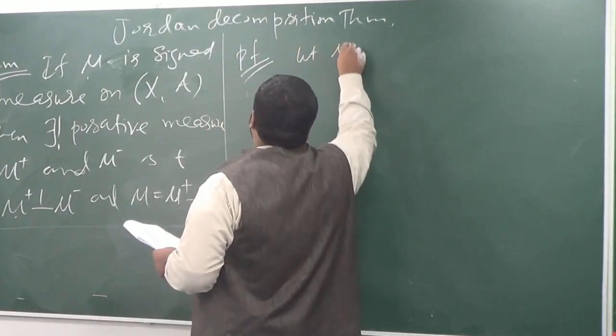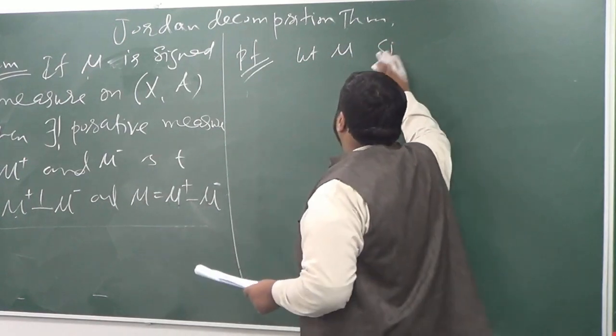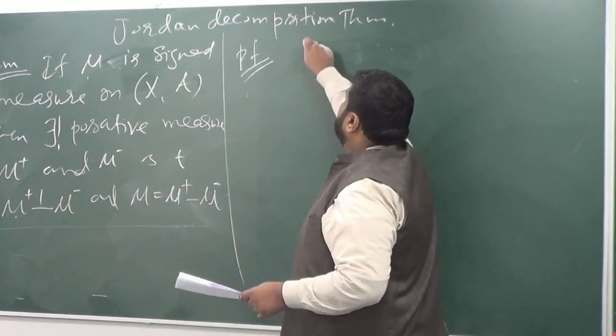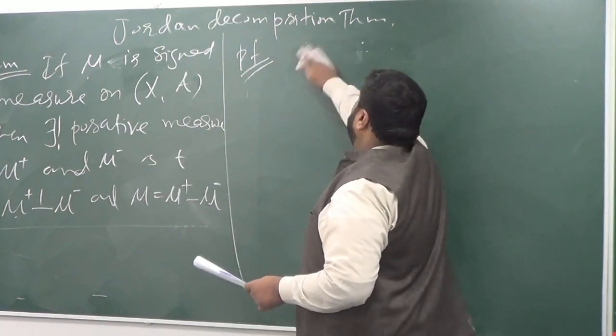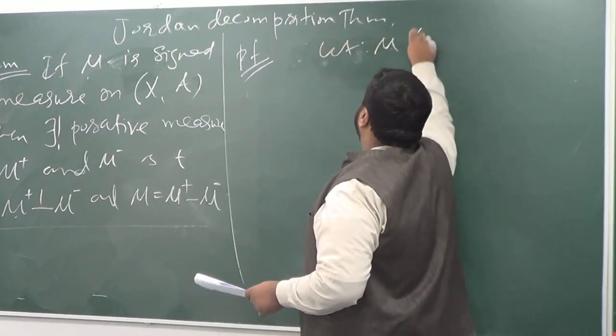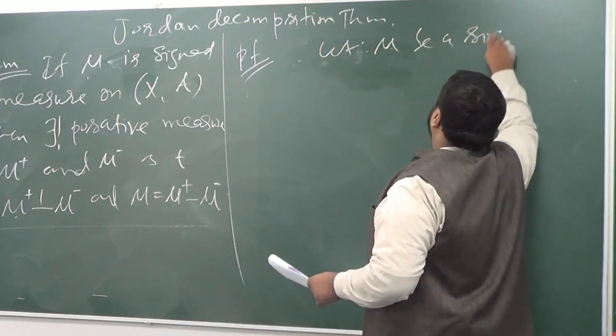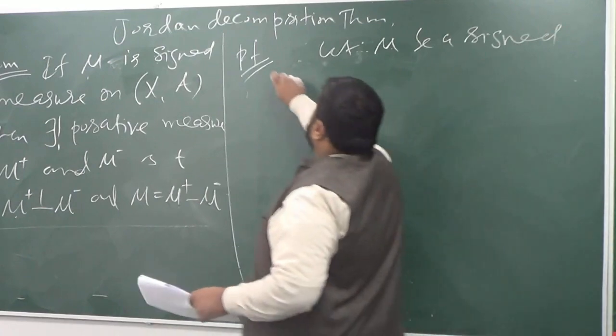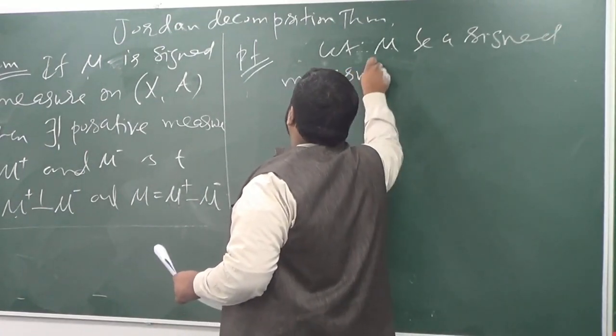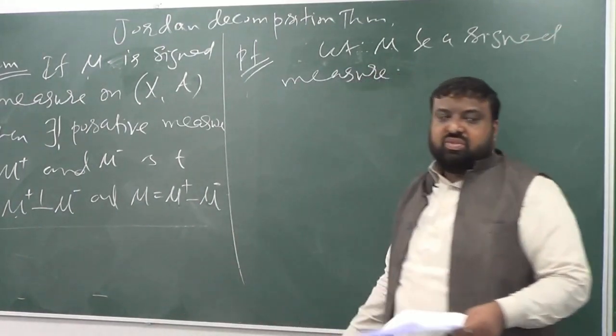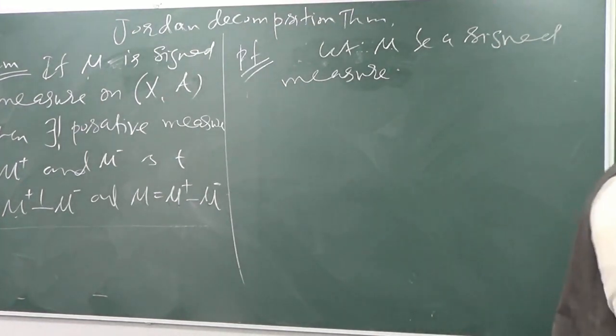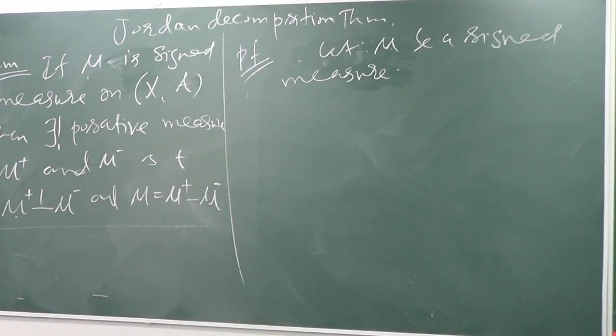Let mu be a signed measure. Then the previous result that we proved showed that you can find positive and negative sets.